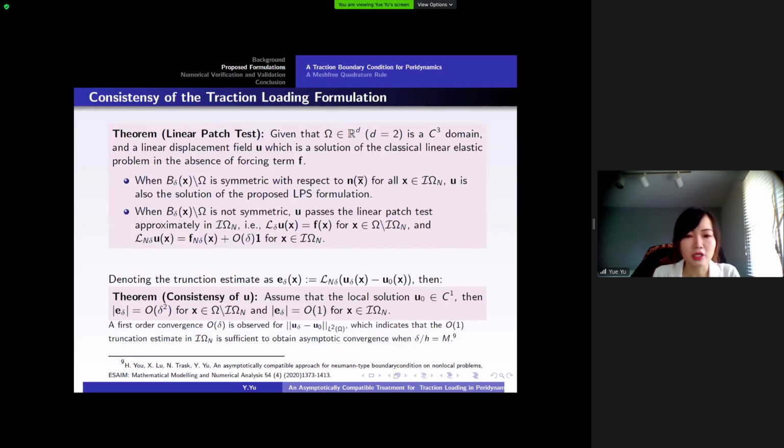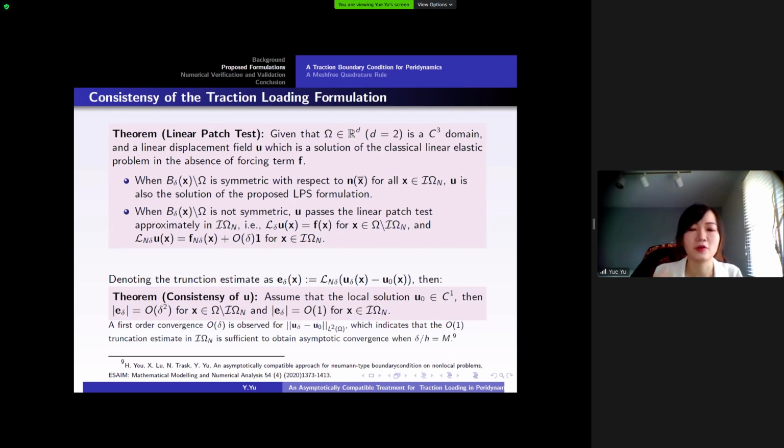So this O(1) truncation estimate, although it sounds scary, I want to add two comments about that. Firstly, from our previous study on the nonlocal diffusion equation, we can prove that this O(1) truncation estimate is actually going to give us an O(delta) convergence in the L-infinity norm to the corresponding local limit.